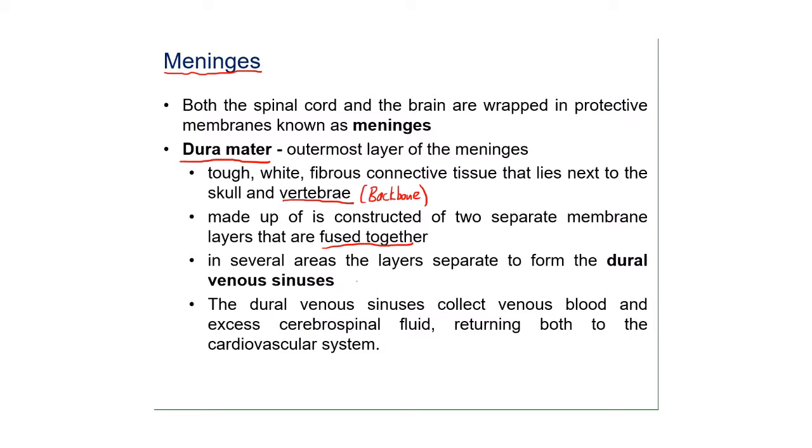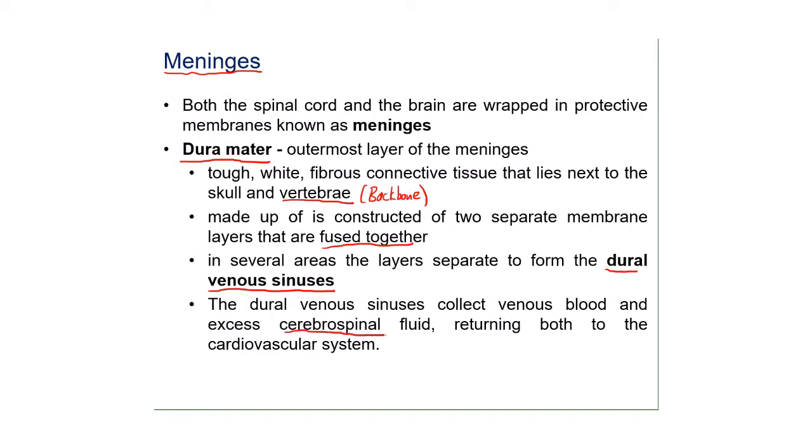So in areas where they do separate, they form a cavity, an empty space that is called the dural venous sinus. I'm going to show you a picture of that in a few slides later. But for now, this is the space where you will be draining excess cerebrospinal fluid.